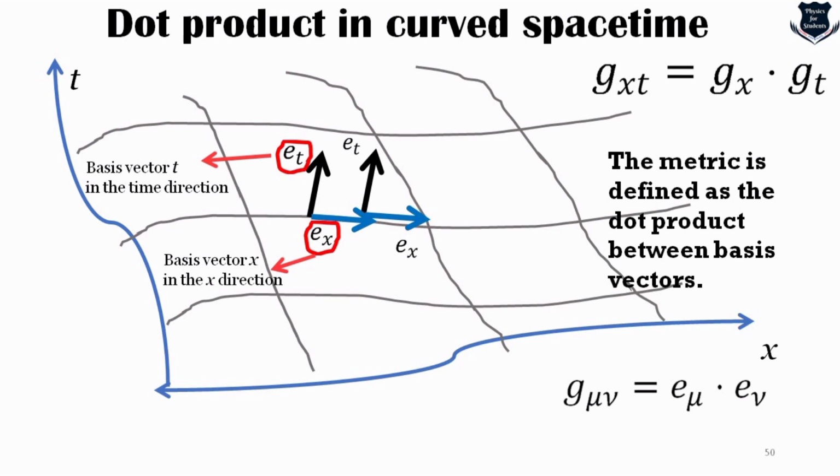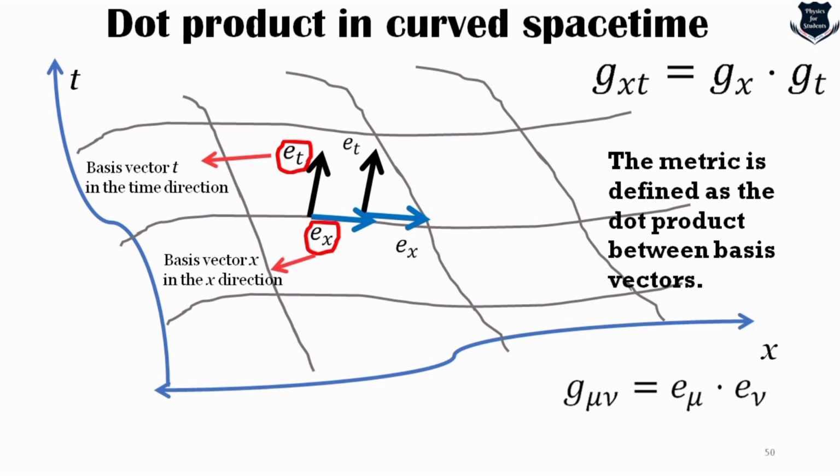Now I hope you can understand why it is a dot product between two basis vectors, because in general theory of relativity, the entire central idea is to get a similarity between vectors. If I can see that E_x is moving in this direction and E_t is moving in the t direction, then what would be the movement of the next vector?